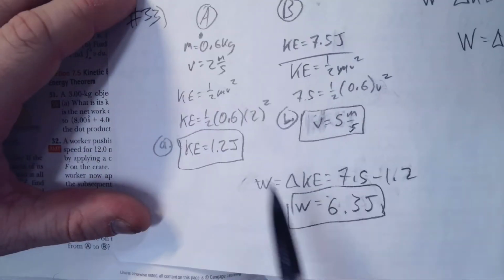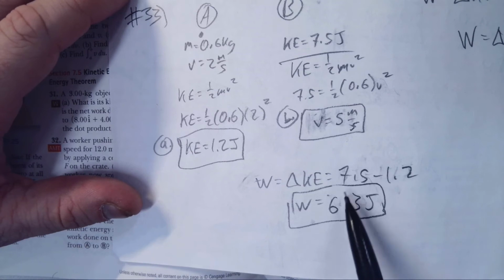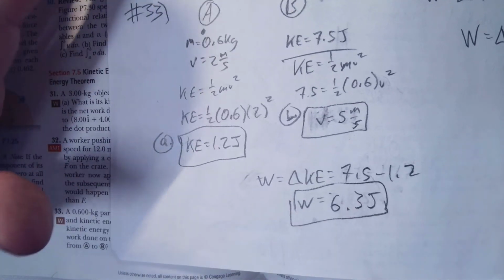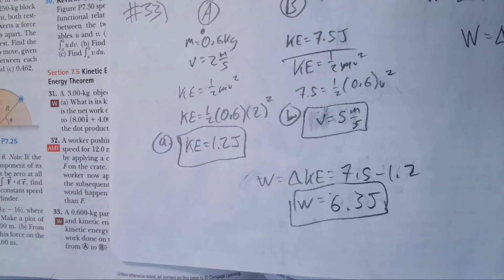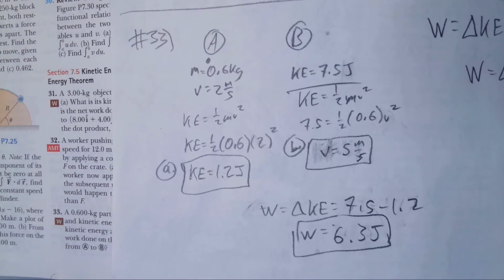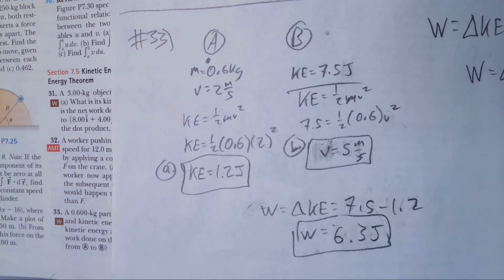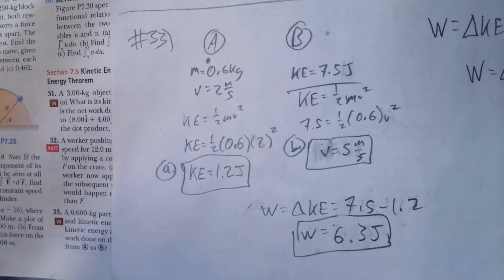So how much kinetic energy do we have at B? 7.5. How much do we have in the beginning? 1.2. Subtract the two, 6.3 joules. That's the net work. So it's understanding that when mass and velocity are mentioned in this chapter, kinetic energy is coming in. When force and distance are mentioned, you're talking about work.